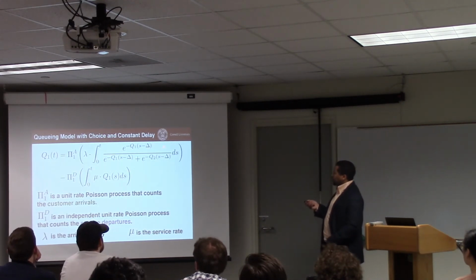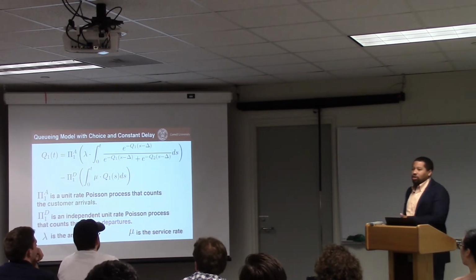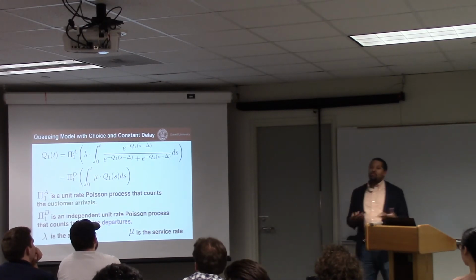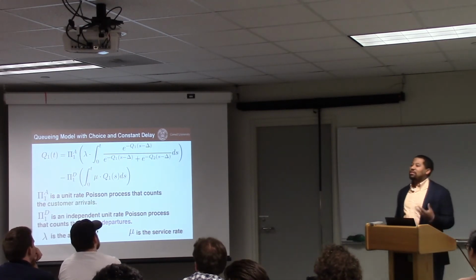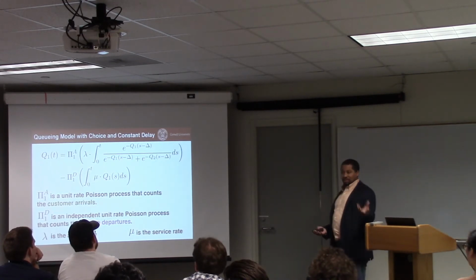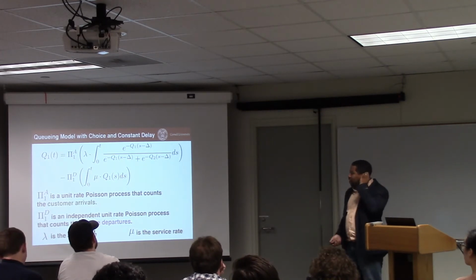Imagine you see on the bridge either the queue length or some waiting time for how long it's going to take you to go across the bridge. If you see two signs, you're going to typically choose the one that says it's going to take you the shortest amount of time. This choice model reflects that dynamic.